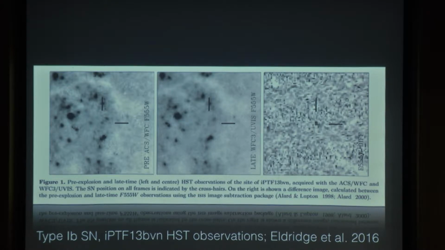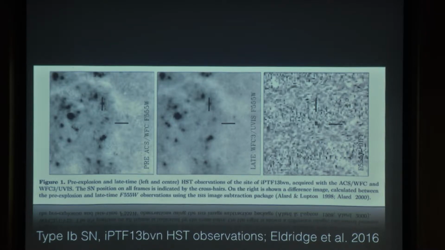This difference tells you something about the star that's part of this binary system that happened to produce this supernova. So whatever remains is actually the binary companion.